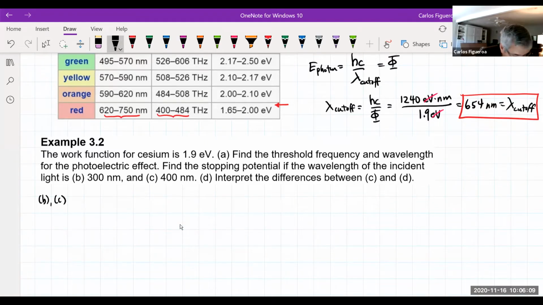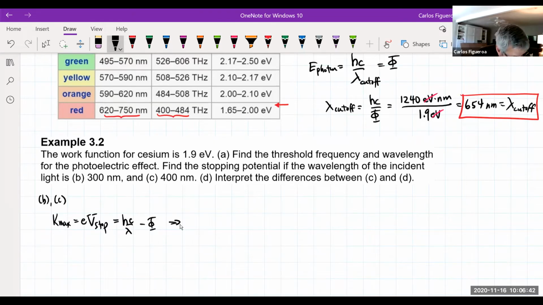What you're going to see here is that we already said Kmax had to be the same as the stopping voltage, times e, and that this has to be the energy of the photon minus the work function. And so we can go in and just compute both of these. So here I go.